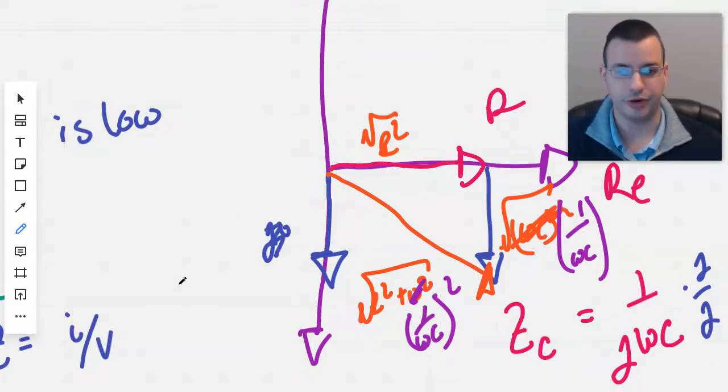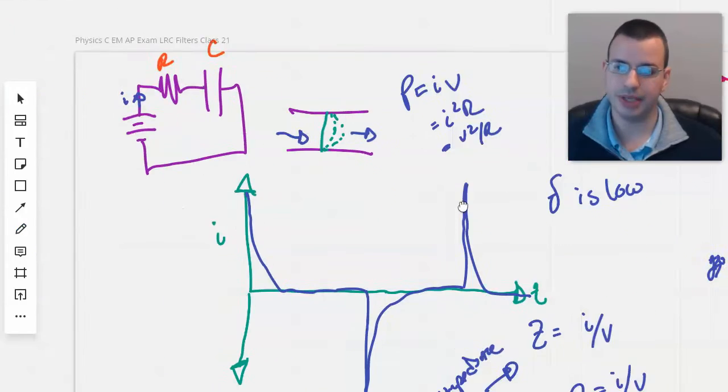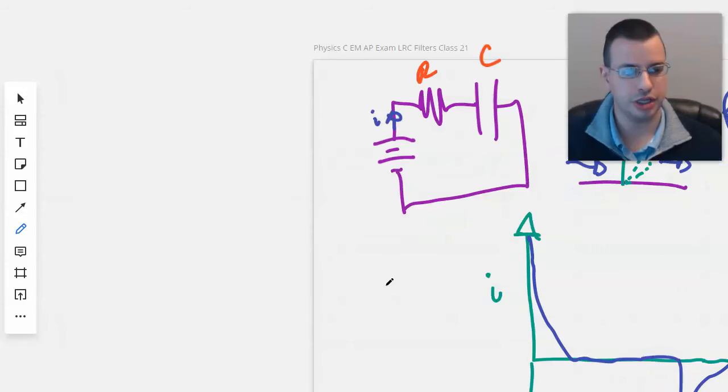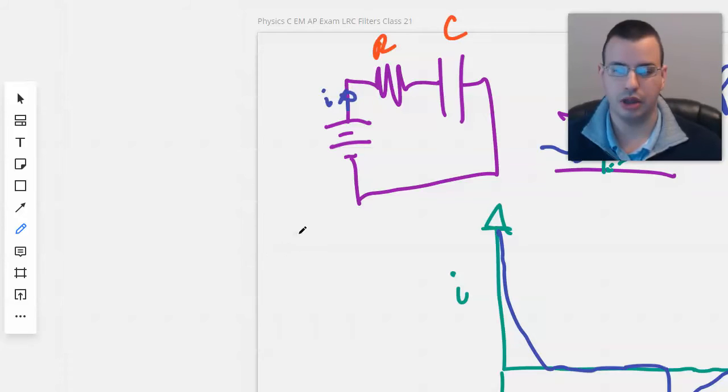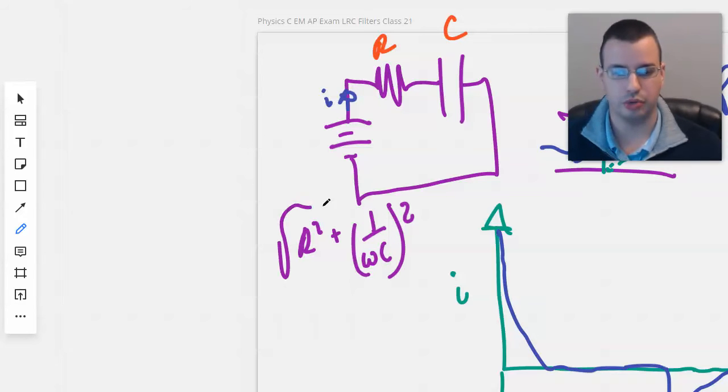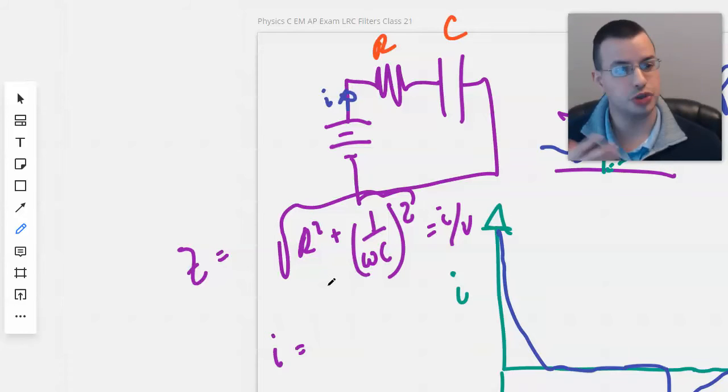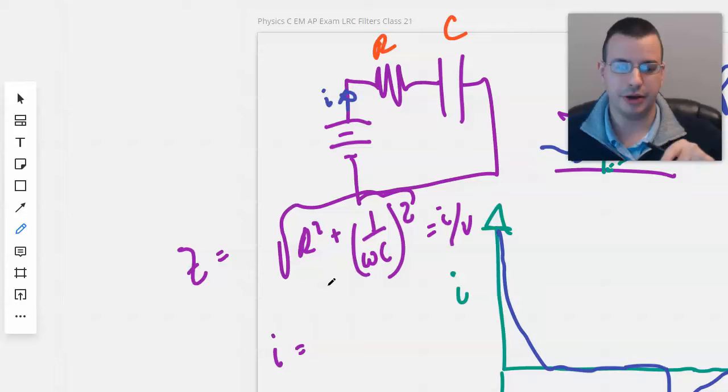Okay. So the impedance for this system, the resistance to flow, would be, let's see here, R squared plus 1 over omega C squared, square rooted. And this would be the impedance, which would equal the voltage divided by the current. Therefore, if it's direct current, then the omega, the frequency, is 0.